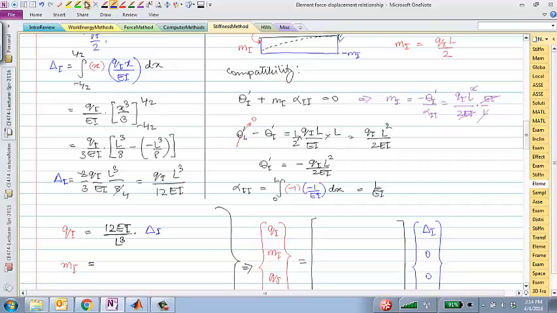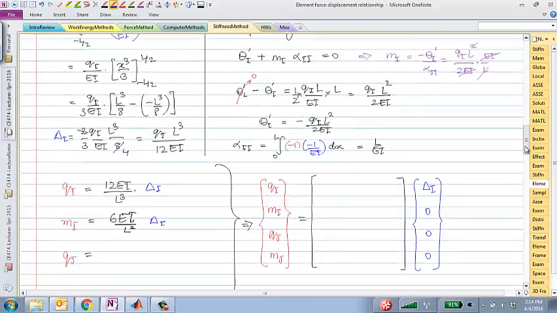We've already found out that MI is equal to QL over 2. So we can write that here. QI times L over 2 would be 6 EI over L squared times delta I. That making sense?